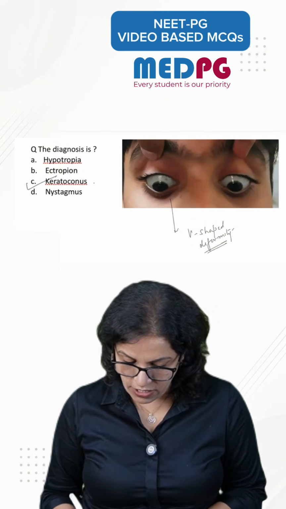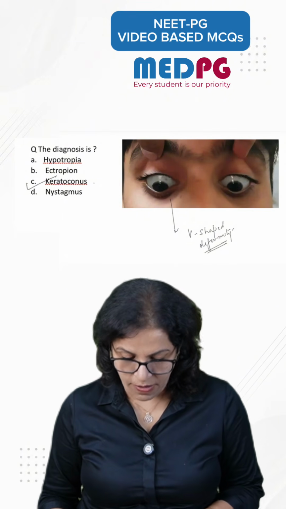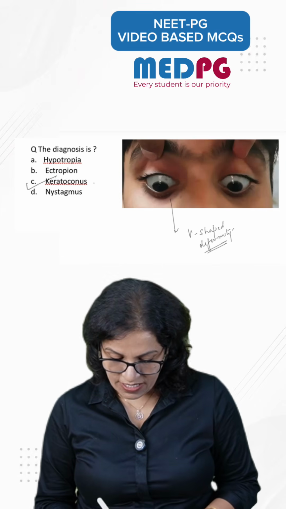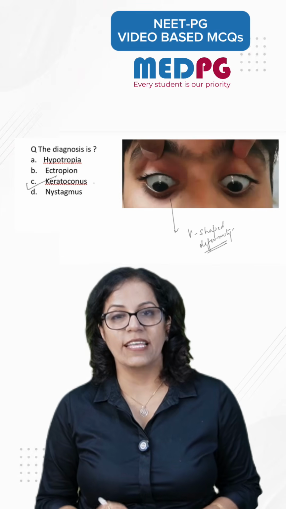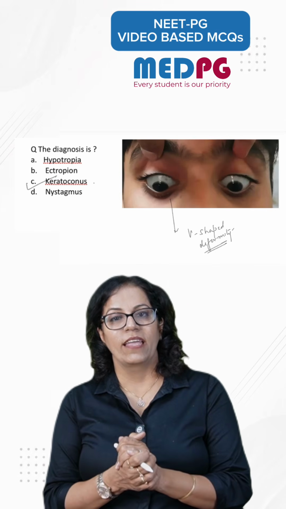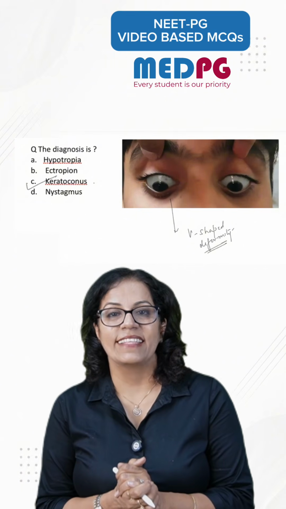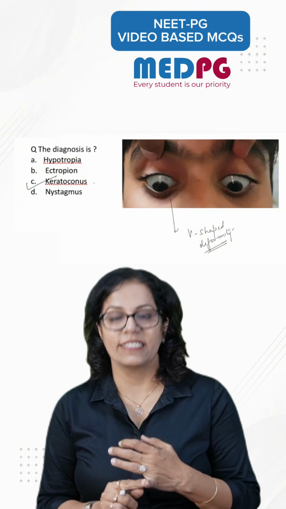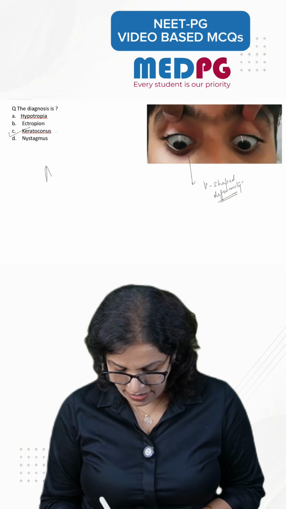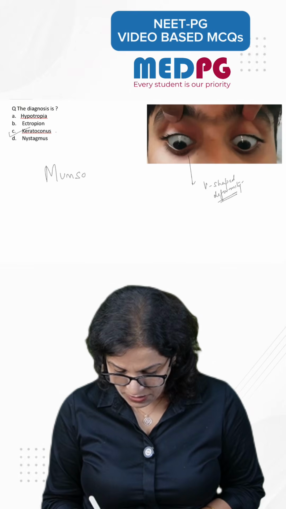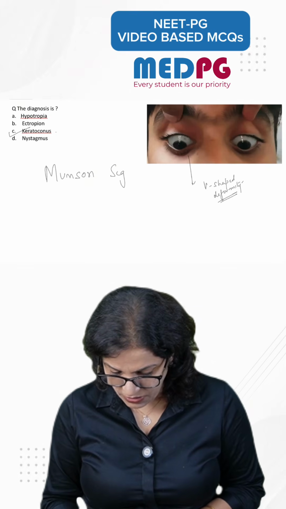So let's also keep in mind that when you're talking about keratoconus, there are many signs. What are the signs you have learned? I hope you remember that first of all, of course, is this called Munson sign. Let's note it down. This V-shaped deformity of the lower lid is called Munson sign.